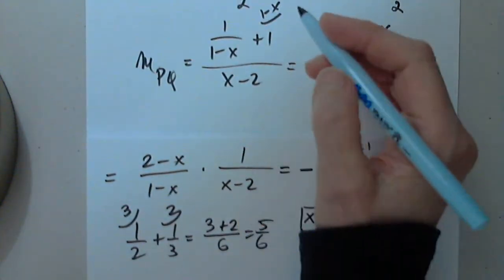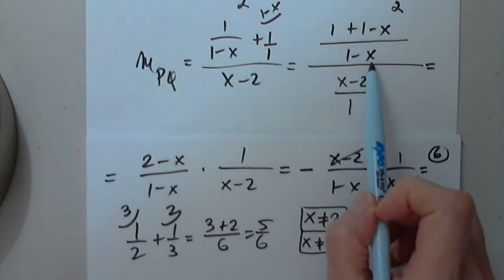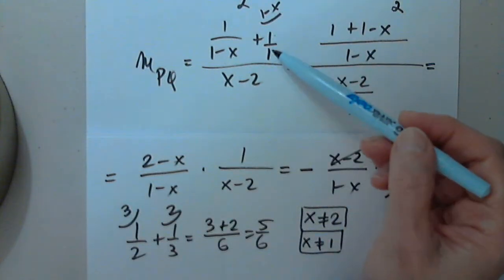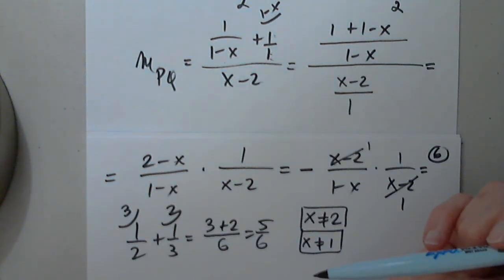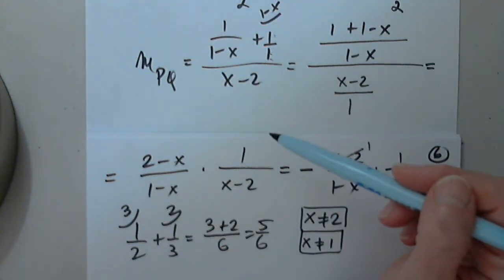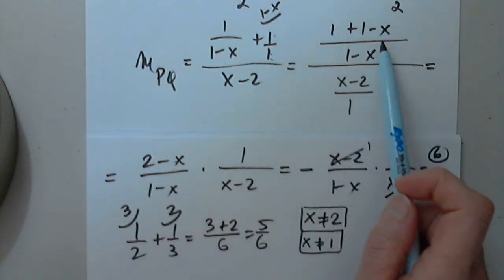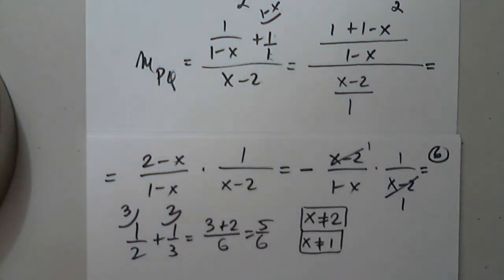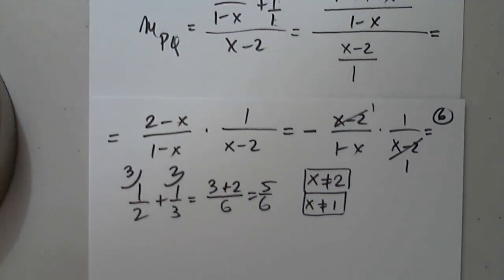So this denominator here is 1. So if the least common denominator is 1 minus x, it means that this has to be changed into 1 minus x over 1 minus x. I cannot add fractions that don't have the same denominator. So then I have 1 plus 1 minus x. So now I have 2 minus x over 1 minus x, and then flip the denominator. Is this better? Yeah, I see now. Perfect.